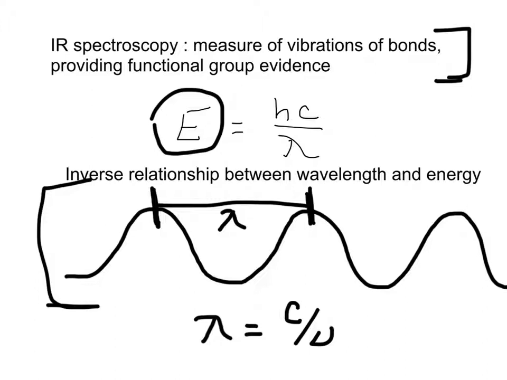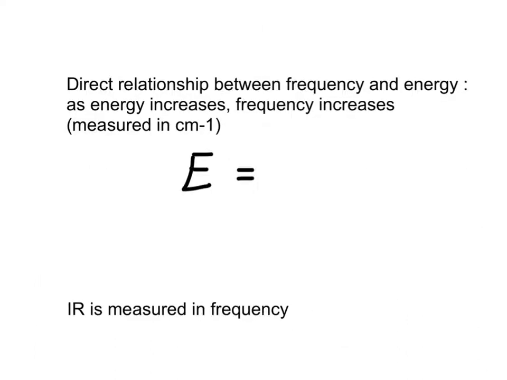And so from here we see that the bigger the wavelength, the smaller the energy. If we replace the wavelength with the frequency, what we see is that there is a direct relationship between the frequency and the energy. And so that energy equals Planck's constant times the frequency.